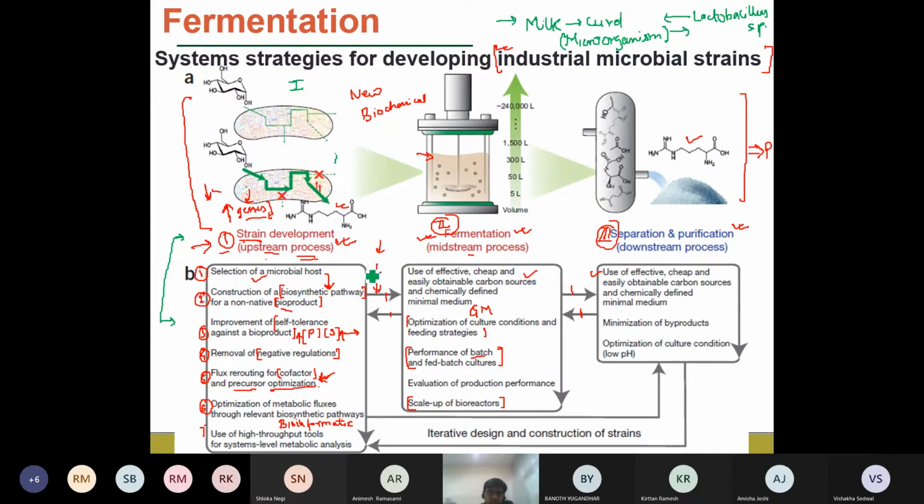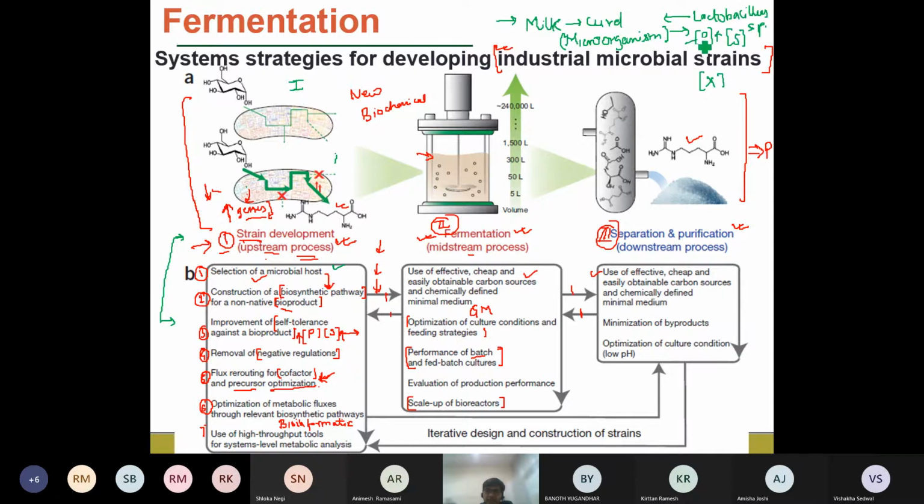So you need to select a particular microbial host, and then you carry out different modifications, strain development techniques, to improve the productivity and the yield, so that it is able to produce a higher concentration of the lactic acids, or utilize a high concentration of the substrate, as well as produce a high biomass concentration.